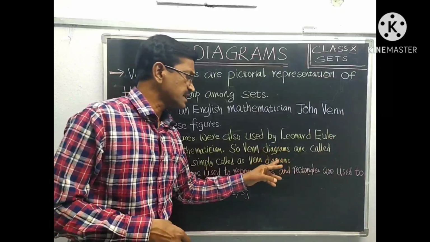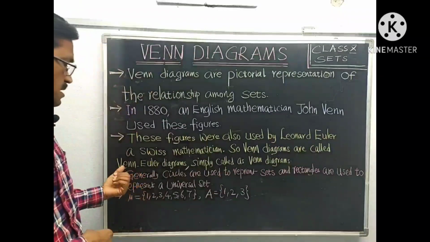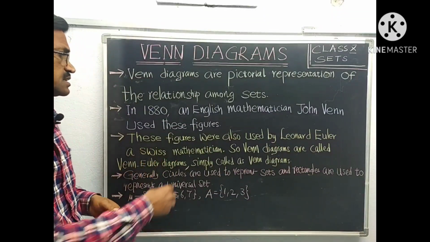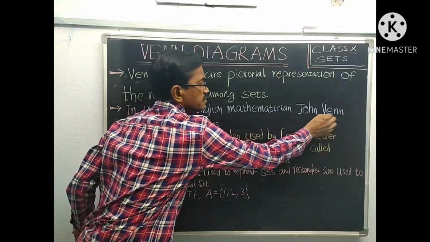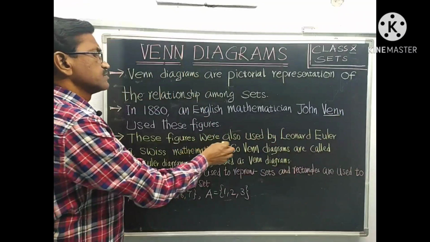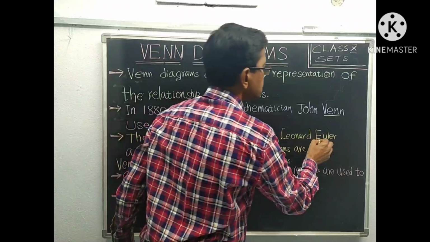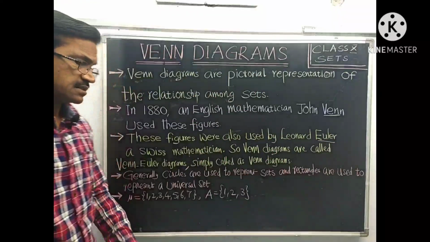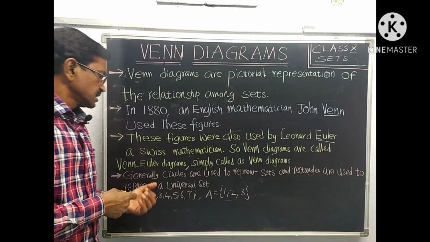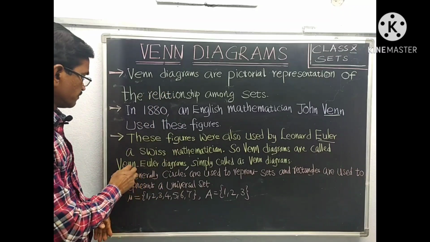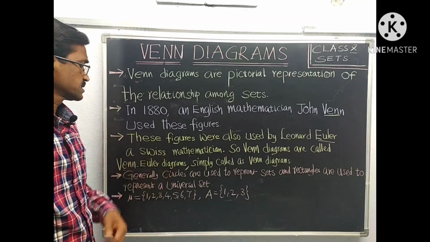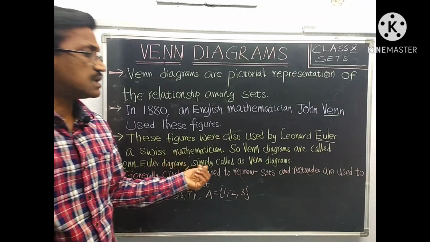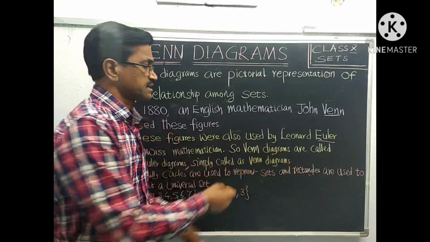So Venn diagrams are called Venn Euler diagrams because Venn used and Euler also used these figures. Simply we call them Venn diagrams.